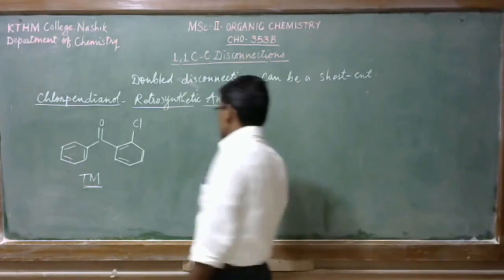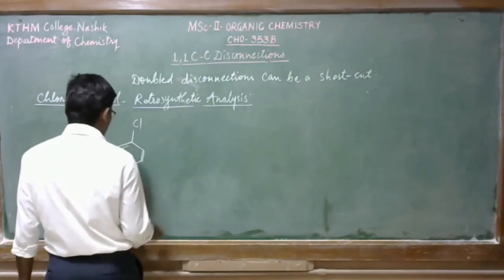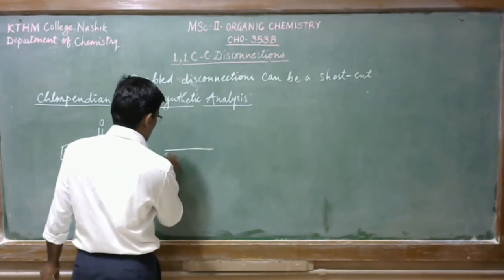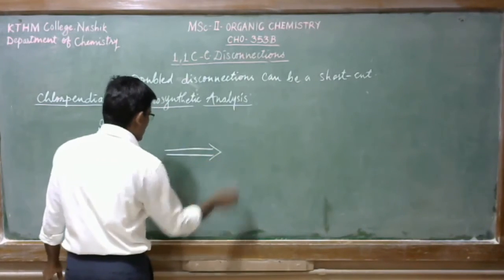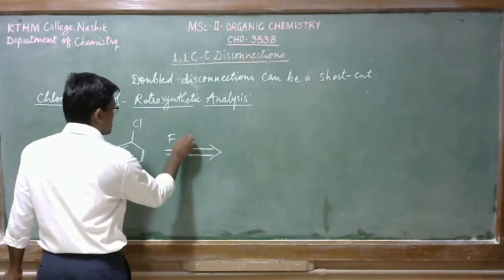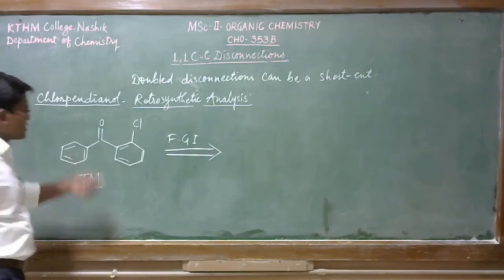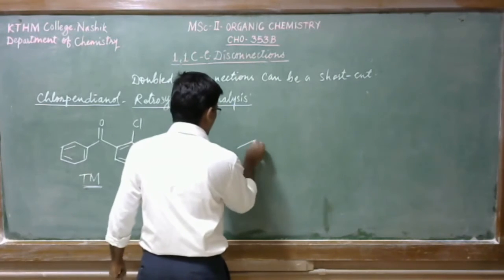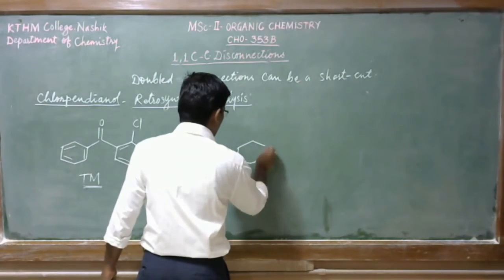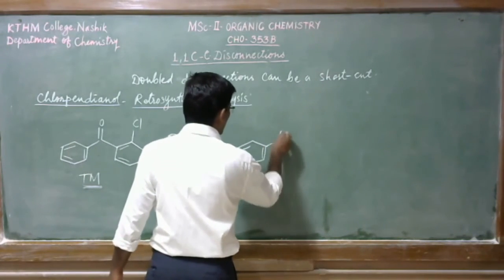So let's have this functional group interconversion. Let's put this retrosynthetic analysis, functional group interconversion. Alright, so this ketone can be transformed to alcohol.